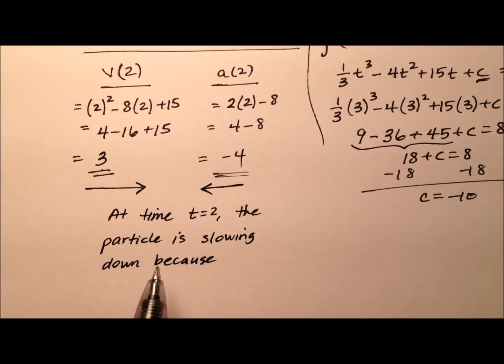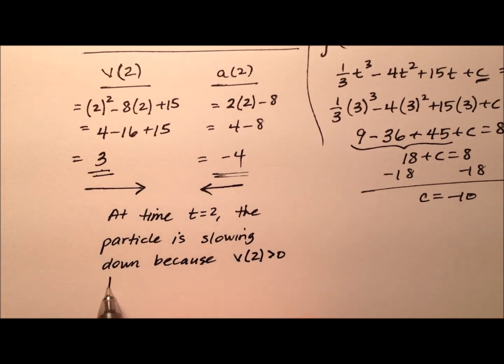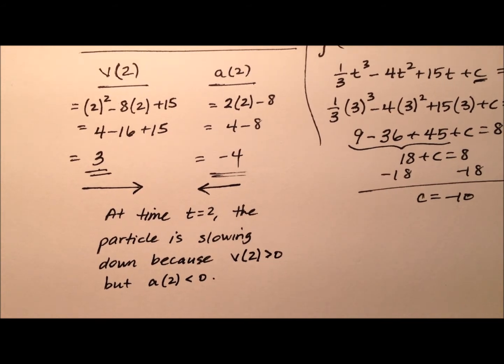You can either say because the sign of the velocity and acceleration at time t equals 2 are opposites, or you can say it's slowing down because v of 2 is positive, but a of 2 is negative, so greater than 0, less than 0.